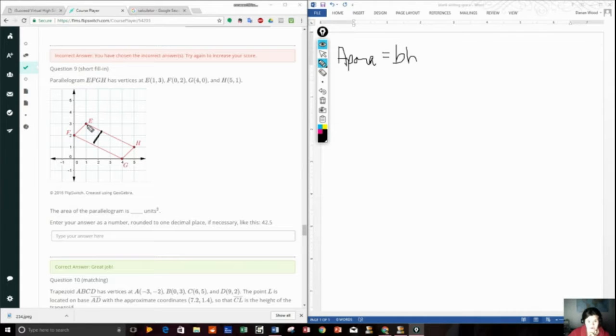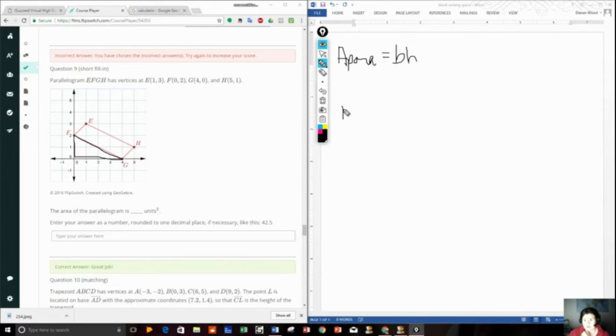So if we are to do that, oh, nope, that's H. Okay. So let's first find the length of one of our bases, and it's going to be FG.